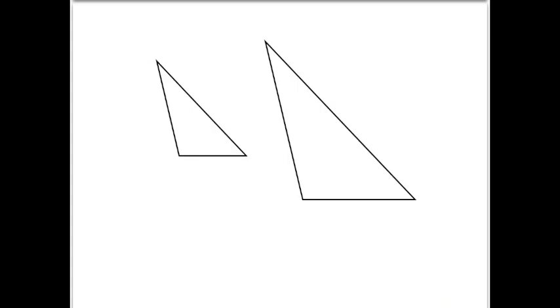In these 2 triangles, let's pretend that we knew that these 2 angles are congruent, and also that these 2 angles are congruent. That's enough to prove that these 2 triangles are congruent. Sorry, not congruent, similar. The angles are congruent, the triangles are similar. So the statement that we would use to show that these 2 triangles are similar, well, let's give these triangles names.